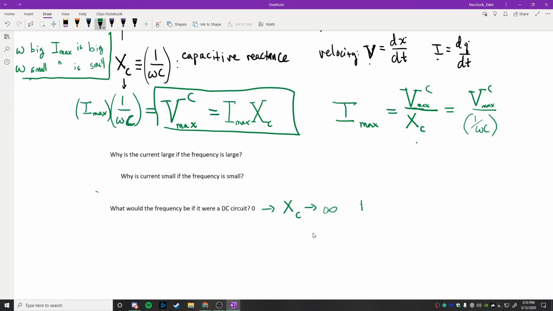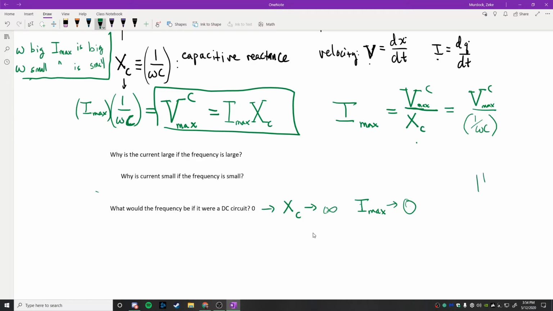So what's I max? It's 0, right? It's 0. Does that make sense?